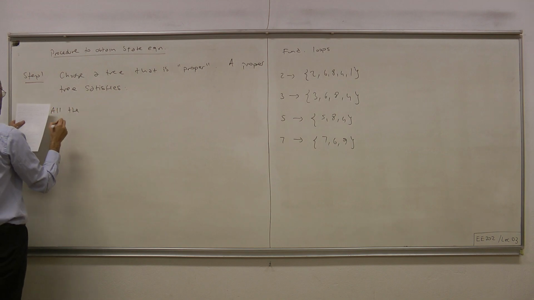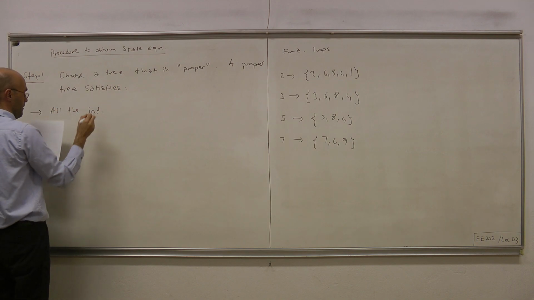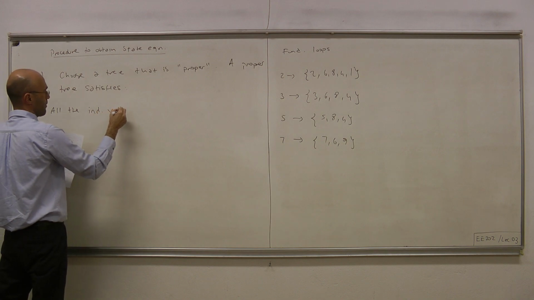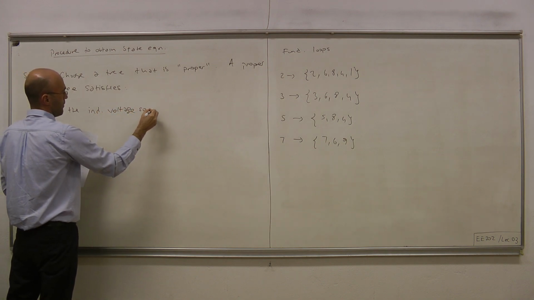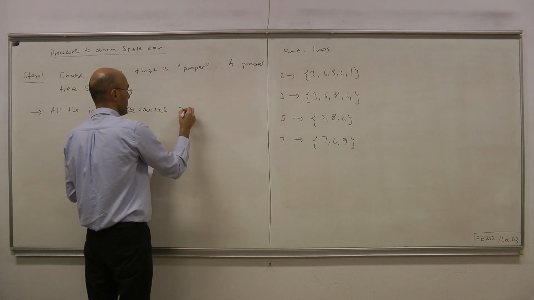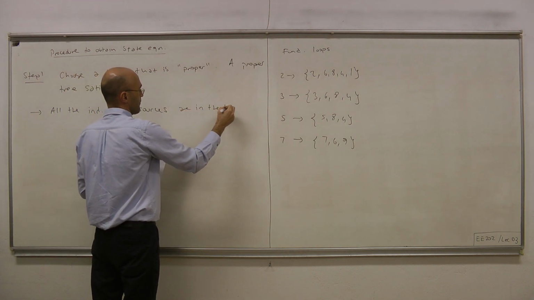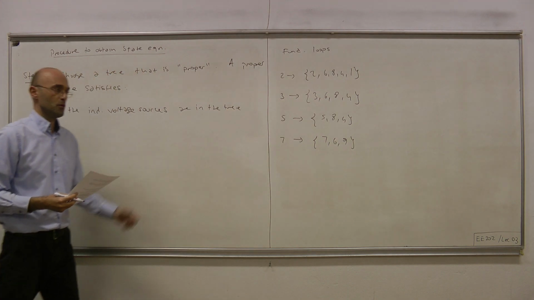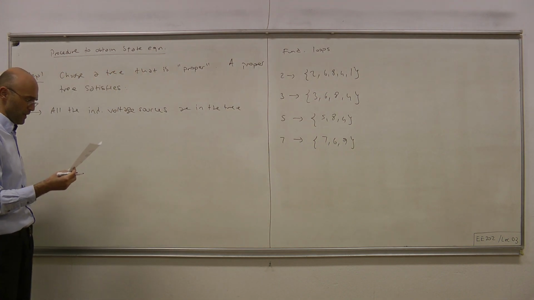All the independent voltage sources are in the tree. Okay, so that's one part, constraints.